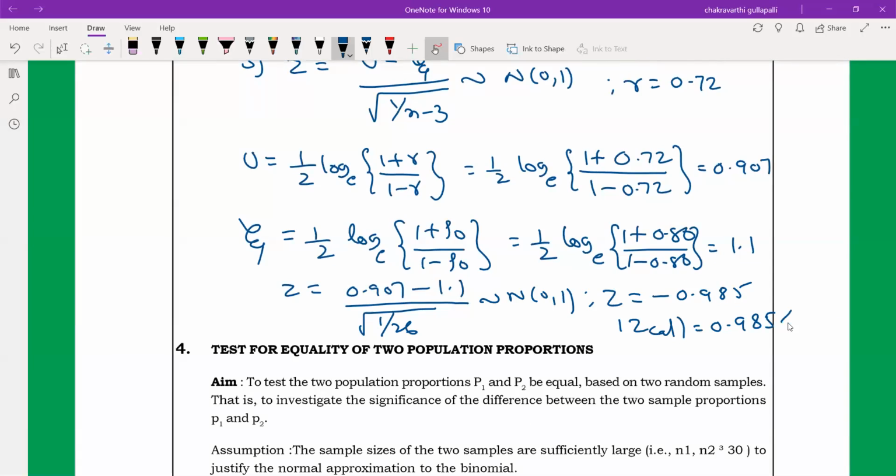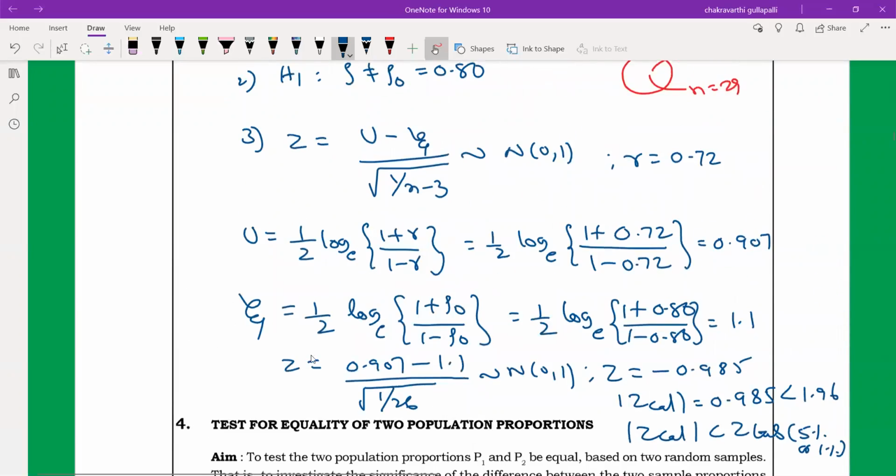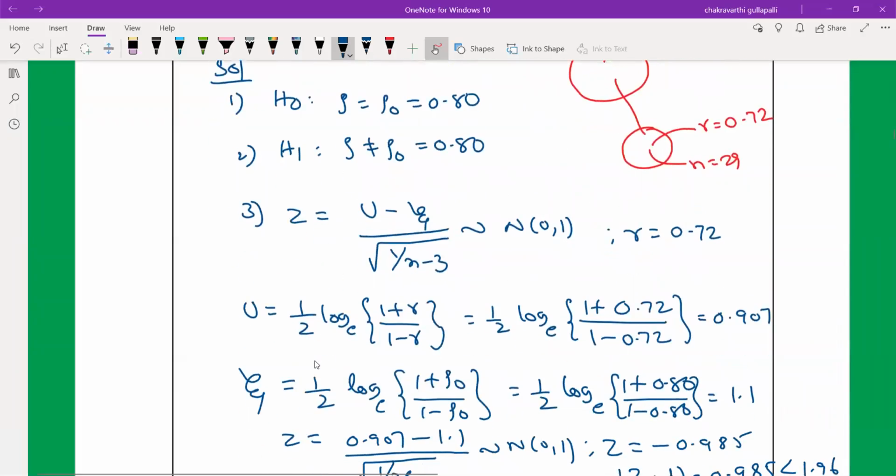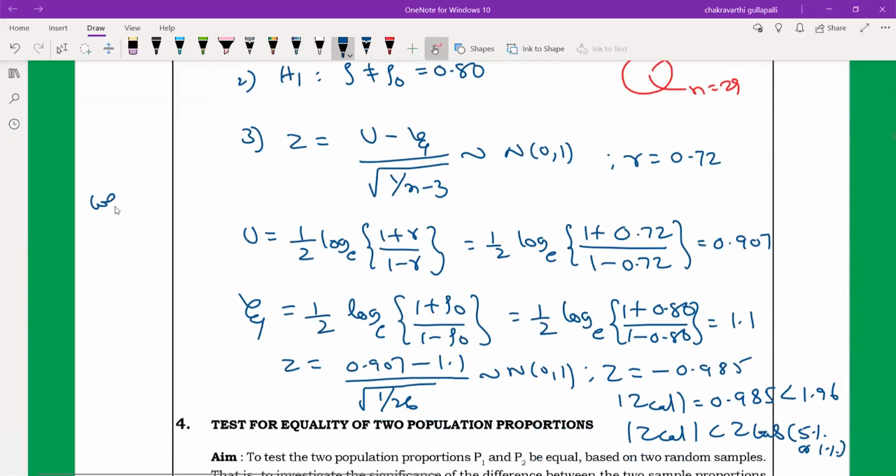Mod Z calculation 0.985 is less than 1.96 or 2.58. For H0, mod Z calculation is less than the Z table value, at 5% or 1%. So we accept H0.